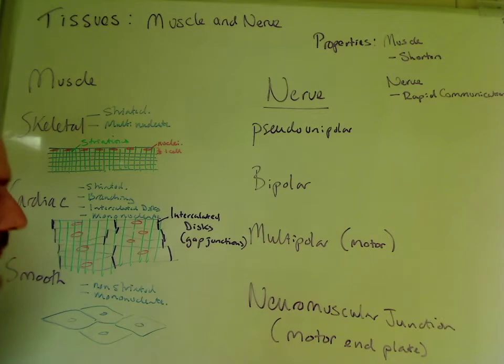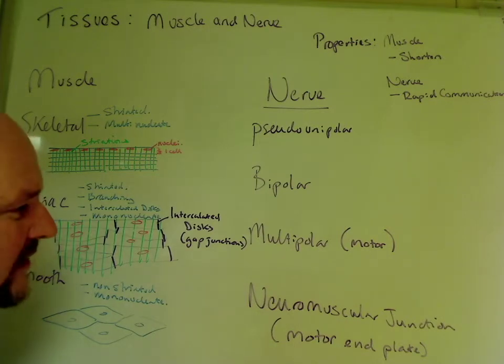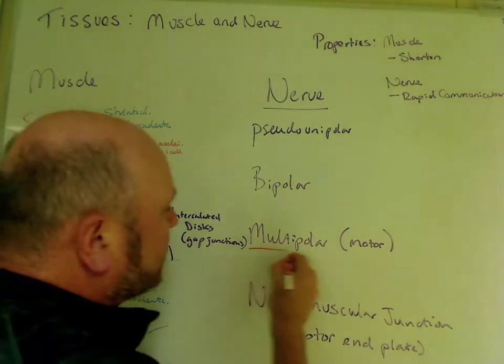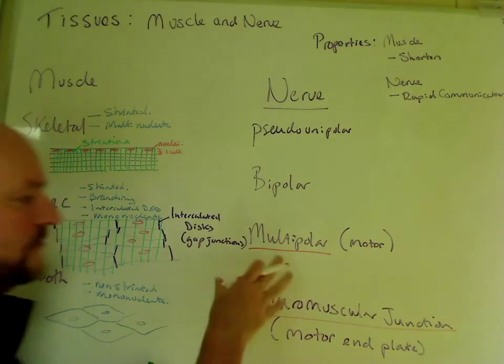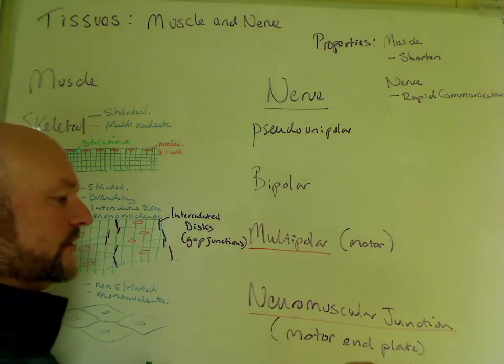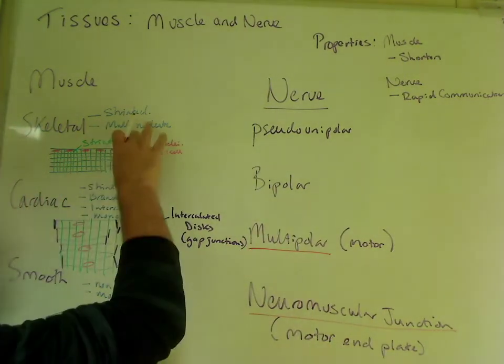In terms of nerve, we really just look at 2 at this stage. We look at the multipolar and we look at the neuromuscular junction, because this is obviously where the multipolar, actually the axon, lands on the skeletal muscle.